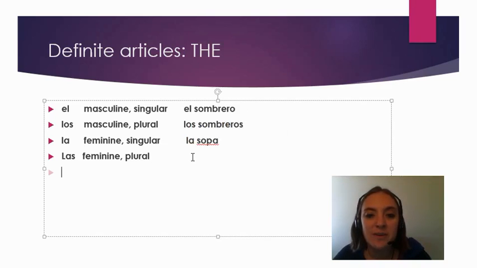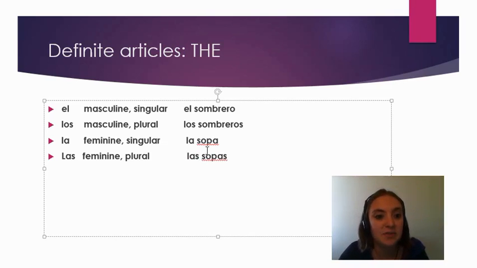Well, notice how with making words plural that are nouns, all you have to do is add an S if it ends in a vowel. So sopa, simply slide the S on the end. Sopas. Now that's soups. If I want to make it the soups, all I need to do is add an S to la, so it becomes las sopas, the soups.